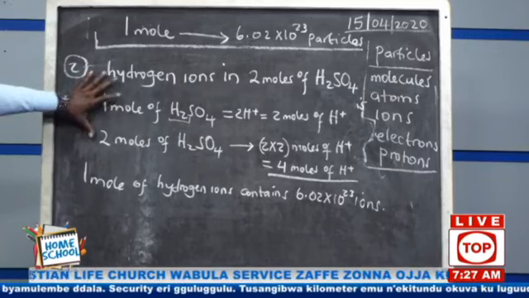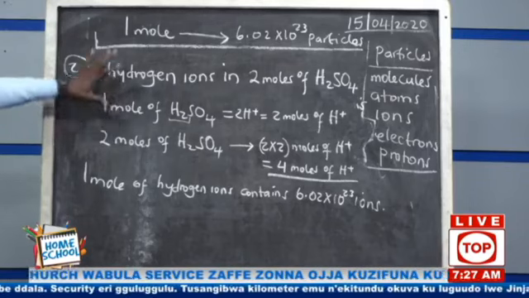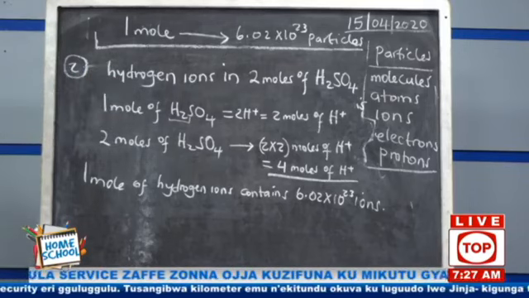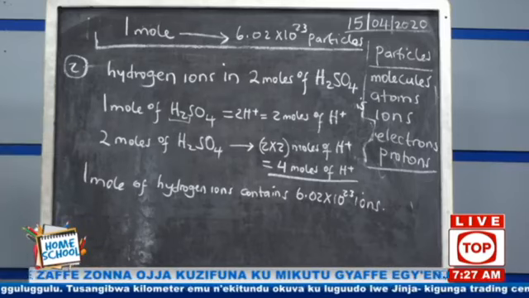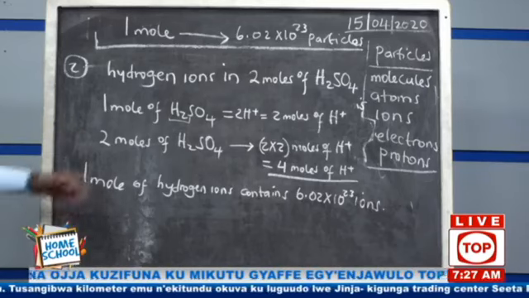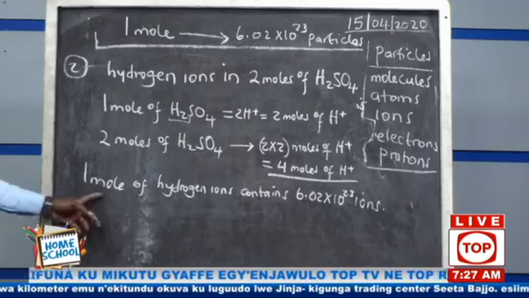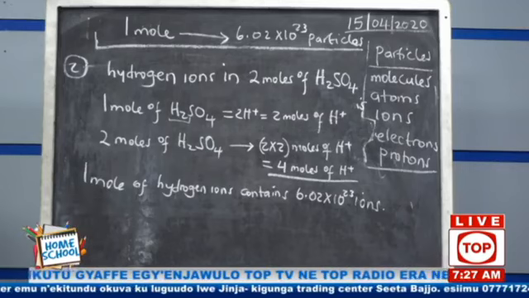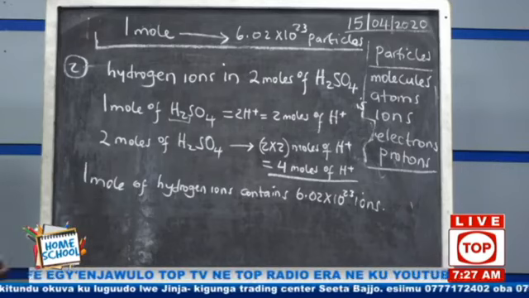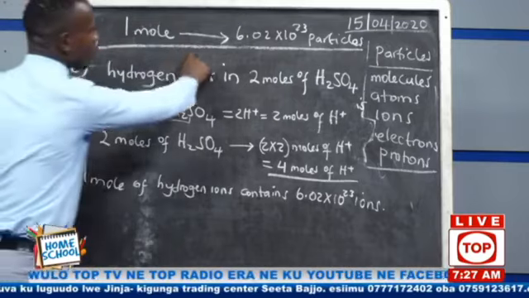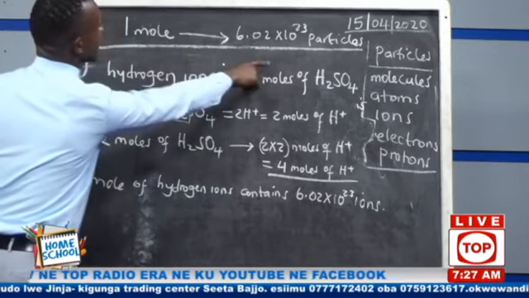This one was to help us get to know how many moles of hydrogen ions are in sulfuric acid. Now here we are going to find out how many particles of hydrogen ions. So we are saying 1 mole equals that number of particles.